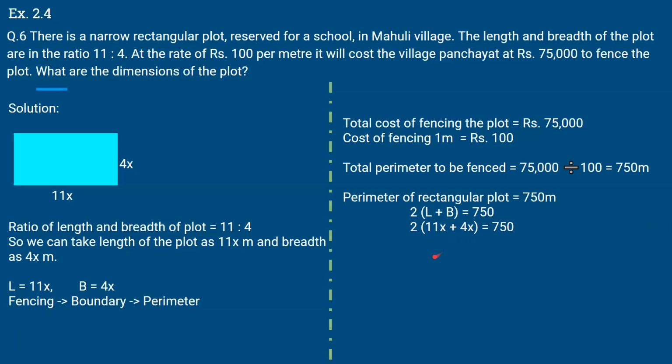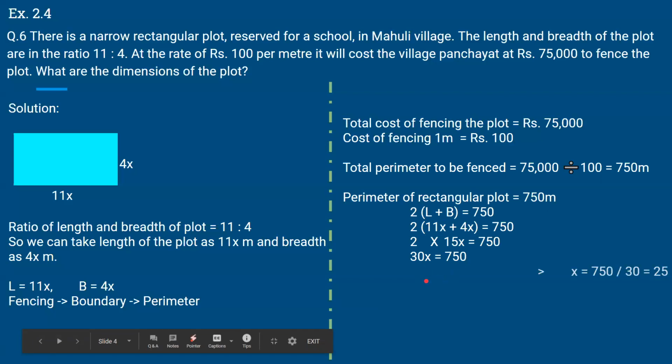Adding inside the bracket, 2 multiplied by 15x equals 750. 2 multiplied by 15x will give you 30x. So 30x equals 750. Therefore, x is equal to 750 divided by 30 equals 25.